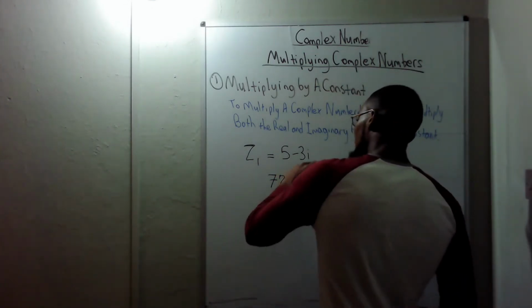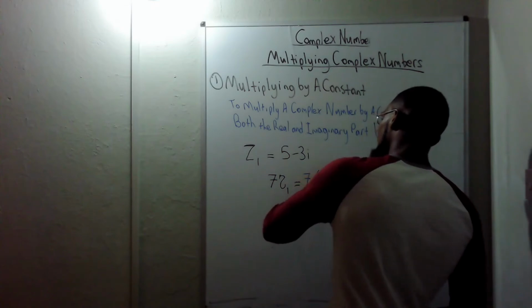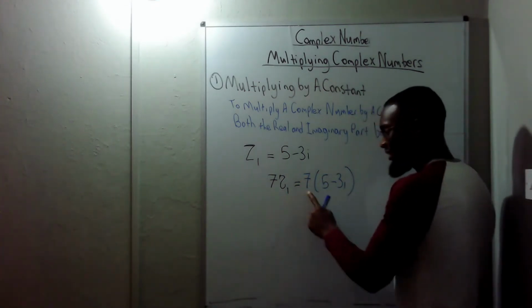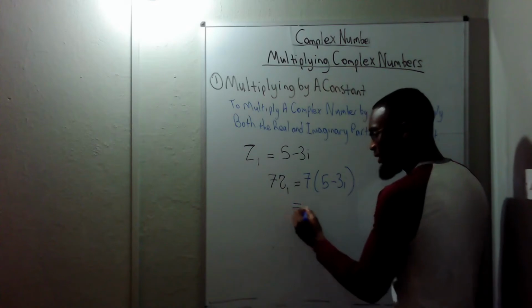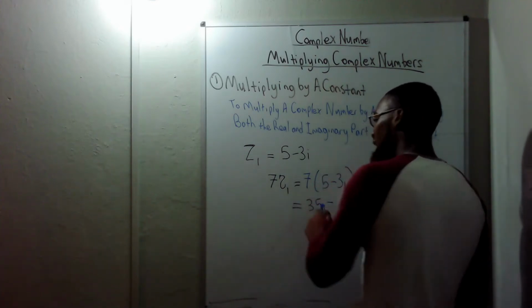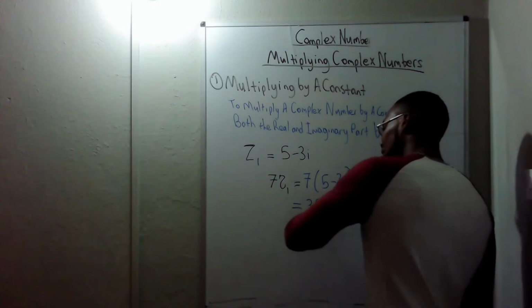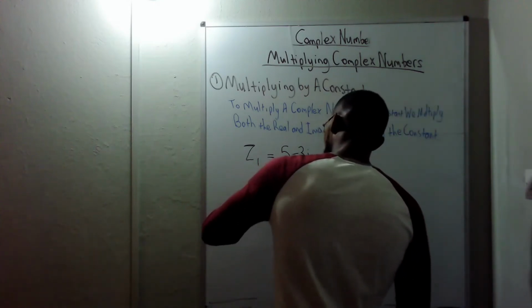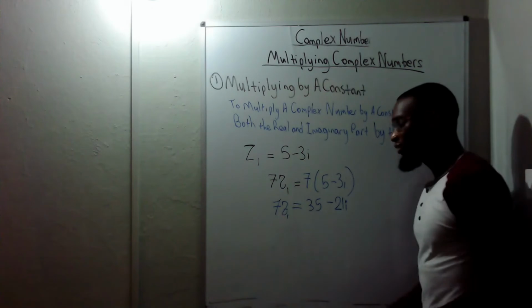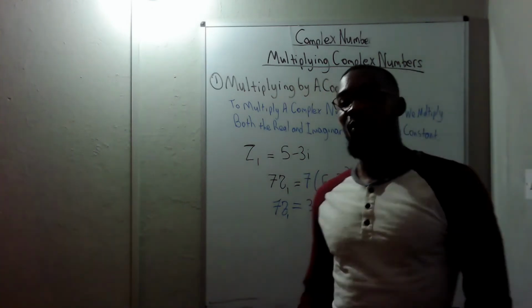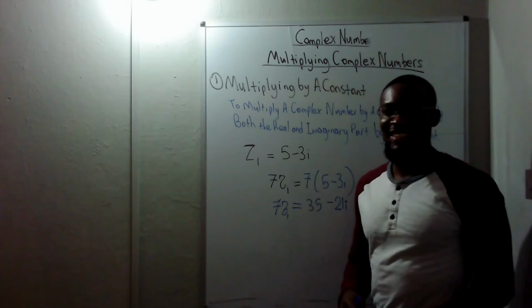So you put 7 in bracket, 5 minus 3i. Yeah, 7 times z1 is 7 times a whole complex number. 7 times 5 is 35, minus 7 times 3 is 21. So in this case, 7z1 is going to be 35 minus 21i. And that's it for multiplying a complex number by a constant.